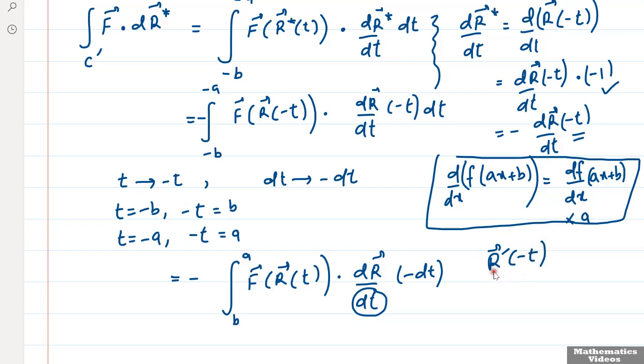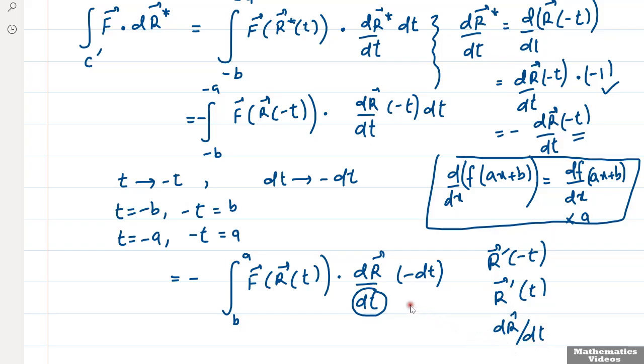When we replace t with minus t here, this derivative becomes r prime of t, which is the derivative of r with respect to t. So when we replace t with minus t, dr by dt evaluated at minus t becomes r prime of t, which is equal to dr by dt.